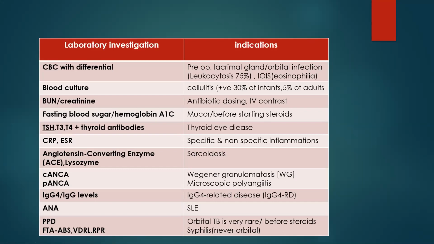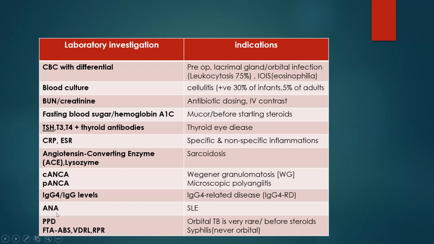You will find CRP is high in orbital cellulitis. ACE and lysozyme is for sarcoidosis, C-ANCA for Wegener, and P-ANCA for microscopic polyangiitis. And also we have to order the IgG4 and total IgG levels for diagnosis of IgG4 related disease.